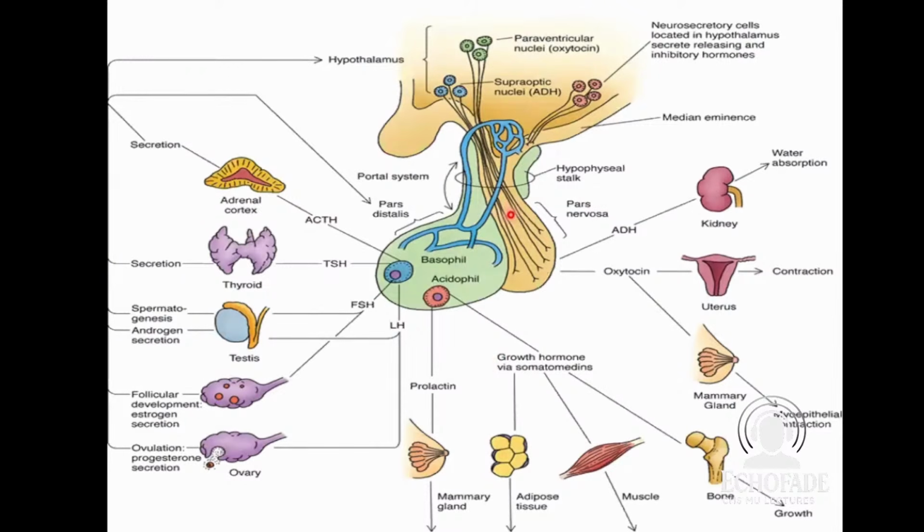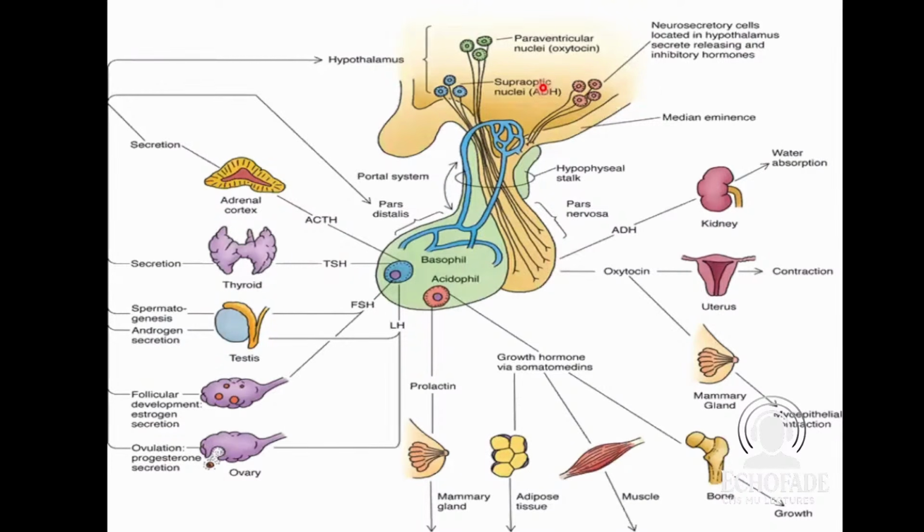So this is to illustrate in a nutshell the connection between the hypothalamus and the hypophysis. For the neurohypophysis, the supraoptic nucleus and paraventricular nucleus, which have large cell bodies, magnocellular, release the hormones oxytocin and vasopressin. They are transported through the hypophyseal tract to the pars nervosa, where the hormone is released into the blood.